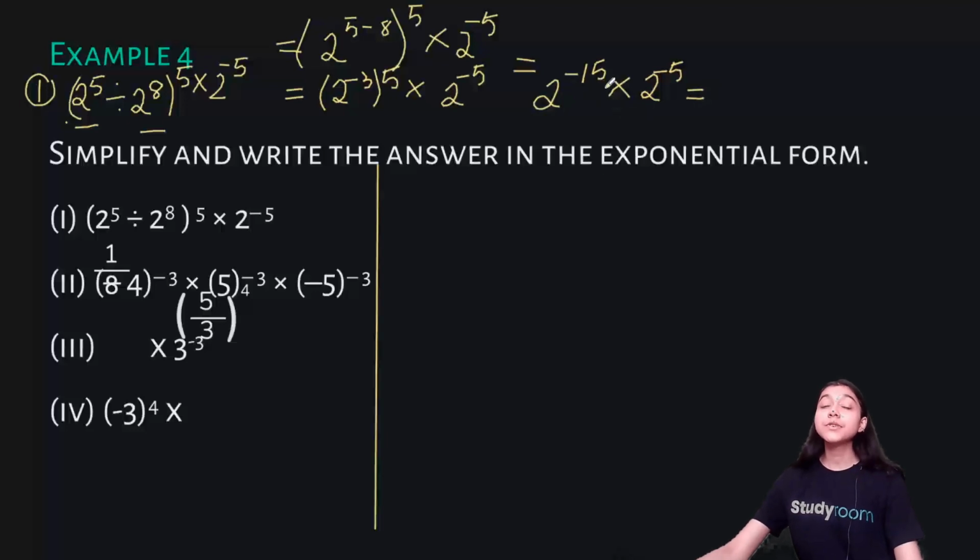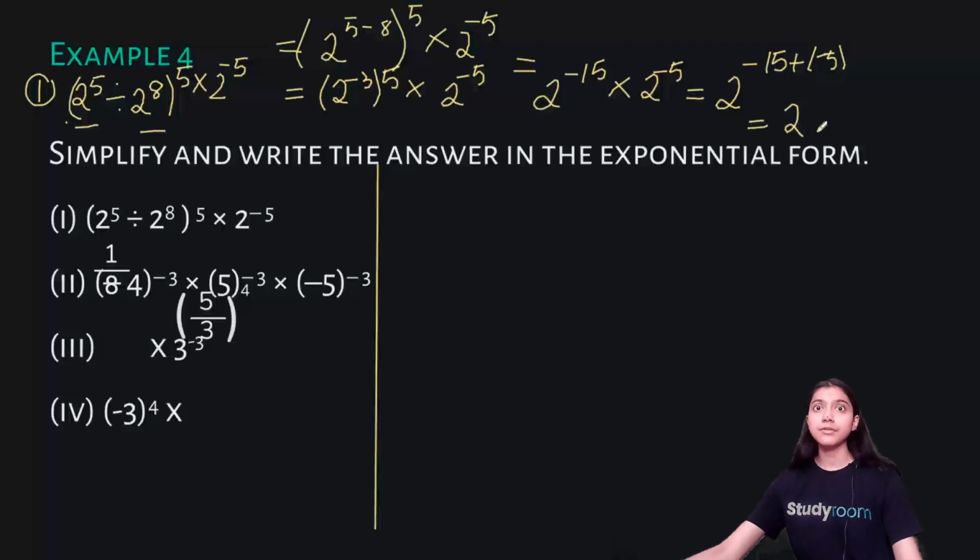So minus 15 will be added to minus 5. So we have 2 to the power minus 15 added with minus 5. So this ultimately gives us 2 to the power of, now minus 15 minus 5 gives us minus 20. This can be written as 1 by 2 to the power of 20. Why? Because we know that a to the power minus m is equal to 1 by a to the power m.